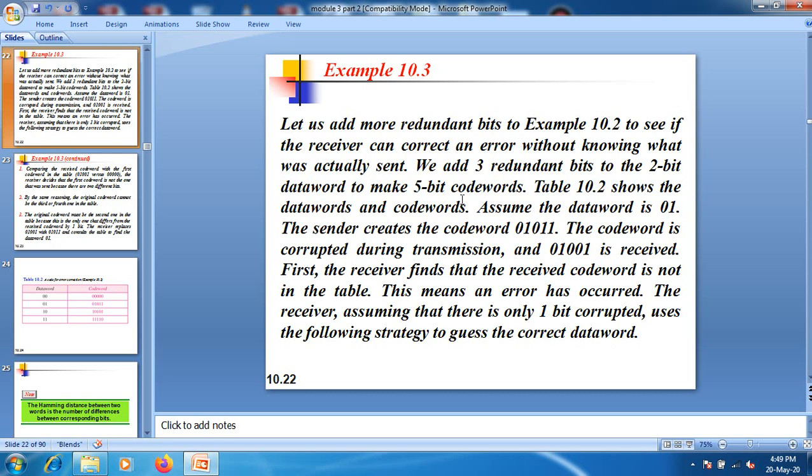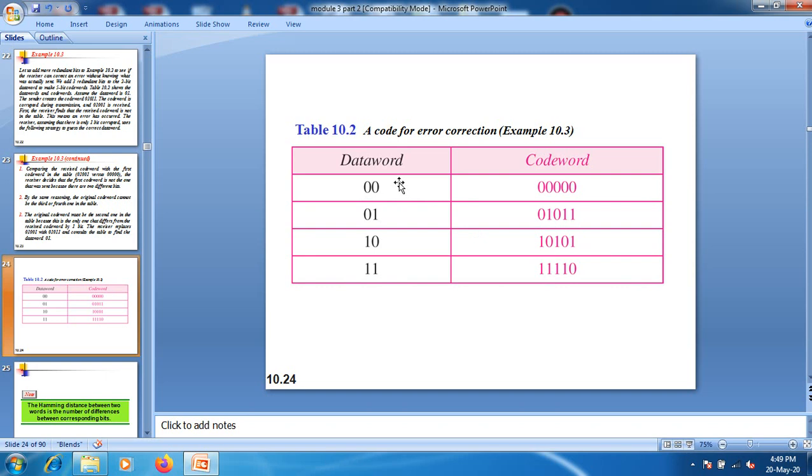We will just go through this particular example, how we try to guess it. Let us add more redundant bits to it. Here we have a table where this data word becomes this code word, and so on and so forth. Okay, and we are trying to check it.